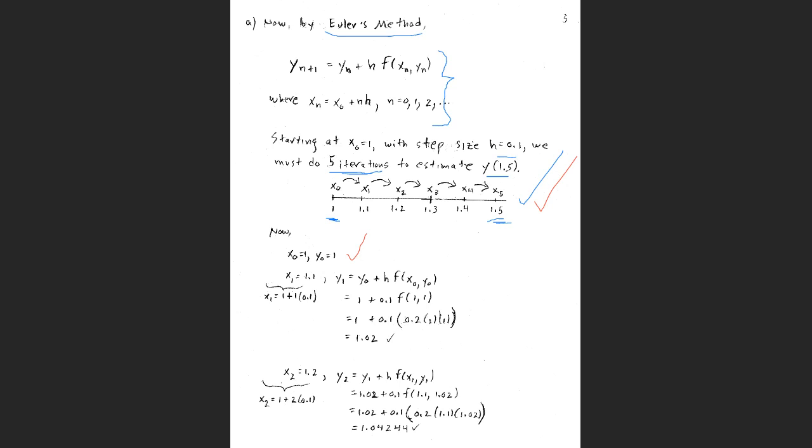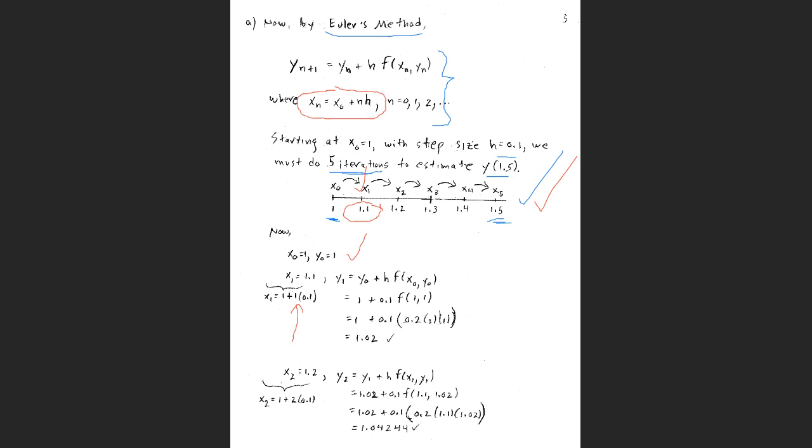X sub 1 is going to be 1.1. We can see it based on the little picture here, but also, here's the formula for your x values: x sub n equals x sub 0 plus n times h. In this case, for x sub 1, n is 1, so x sub 1 is 1 plus 1 times 0.1. You can graphically see x sub 1 here, and it equals 1.1.